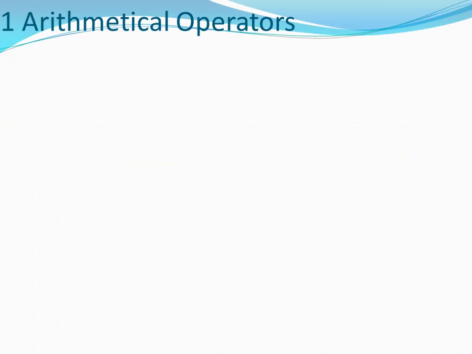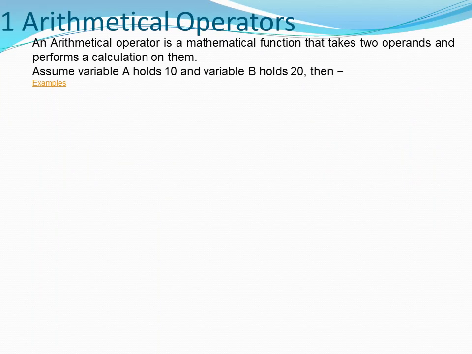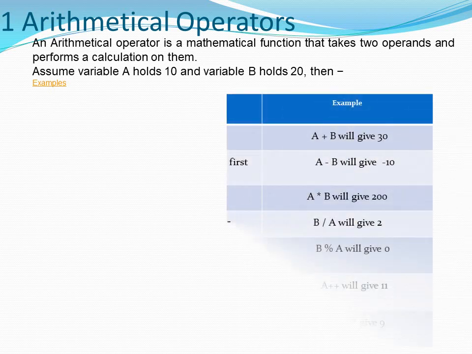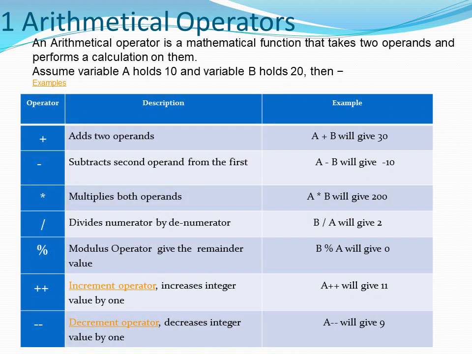Now, first is the arithmetical operators. An arithmetical operator is a mathematical function that takes two operands and performs a calculation on them. Now, here is the plus operator, minus operator.